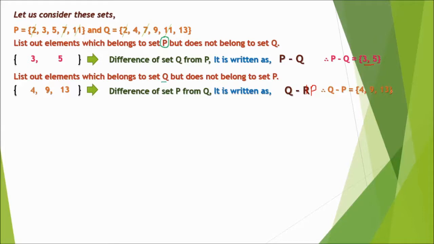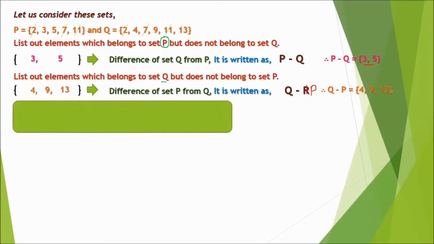Now as I have used that word difference, this is the difference of sets. If you have understood difference, then you have understood difference of sets. What is the difference of sets? Let's see the definition here.